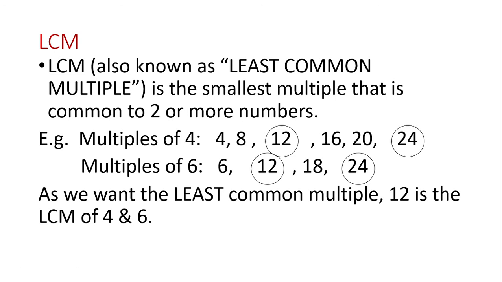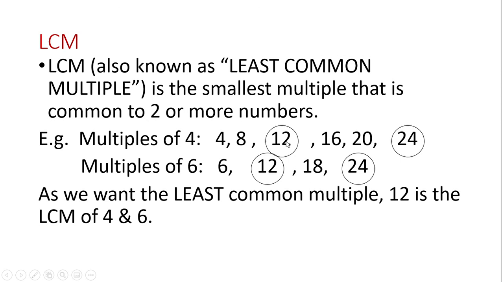Now find the first common multiple. So here I listed out multiples of 4 and 6. Some multiples of 4 are 4, 8, 12, 16, 20 and 24. I think that's enough. And then multiples of 6: 6, 12, 18 and 24.